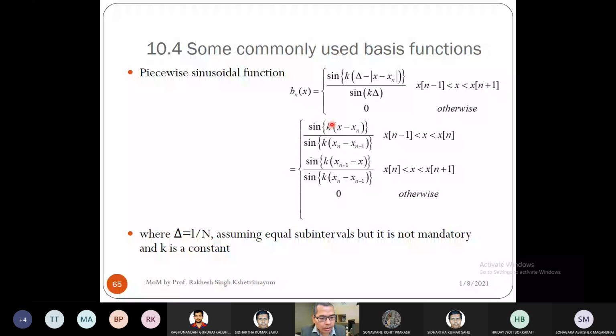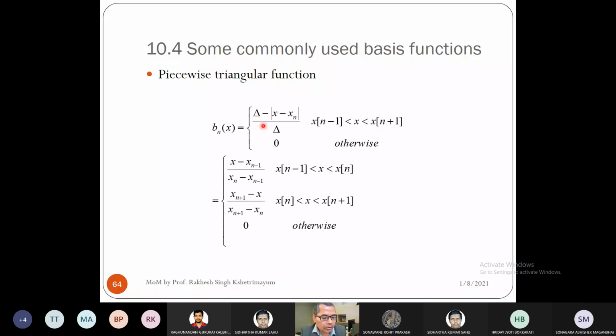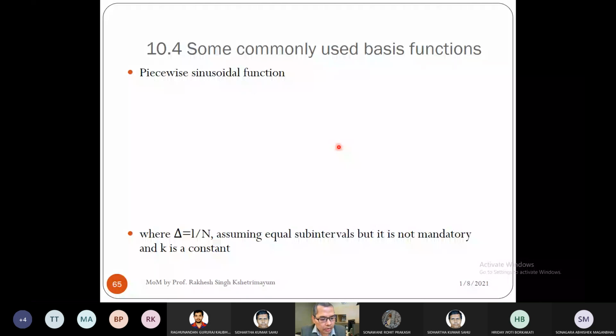If it is free space, the k value will change. So depending on that, I have control over this sine function. Let's say you are modeling a structure where you have free space and also a dielectric. This k value for the piecewise sinusoidal function will change depending on whether you have a dielectric or free space. You can also write it in compact form as sine of k times delta minus the modulus of x minus xn, divided by sine of k delta. So if you know this expression, you just multiply by k here, take sine of that, and you get the piecewise sinusoidal function.